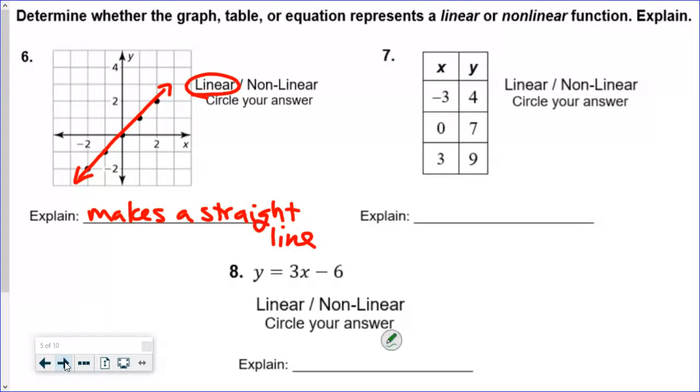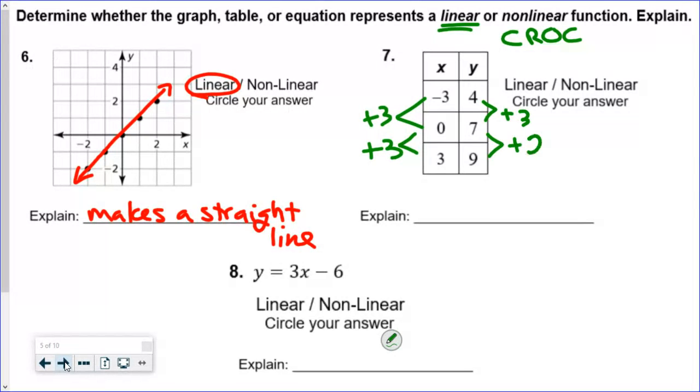This one, now remember, linear or nonlinear is when you're looking for CROC for tables. So that goes up 3, and that goes up 3, that goes up 3, that goes up 2. It is nonlinear because it does not have CROC.